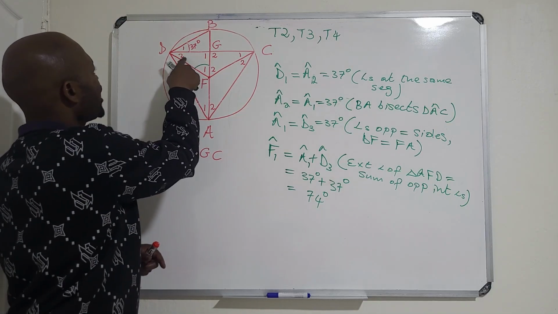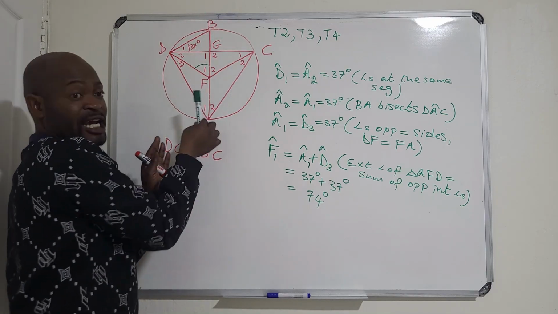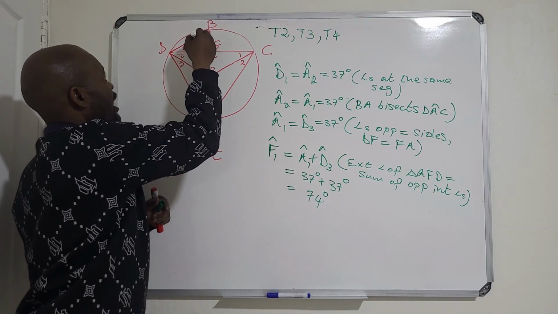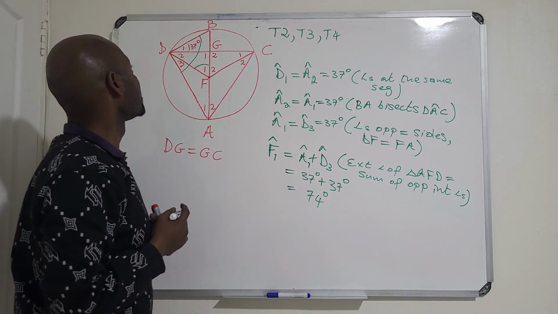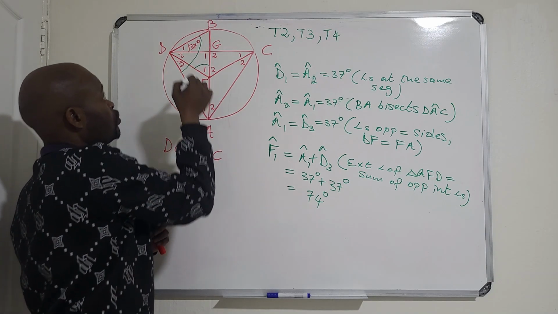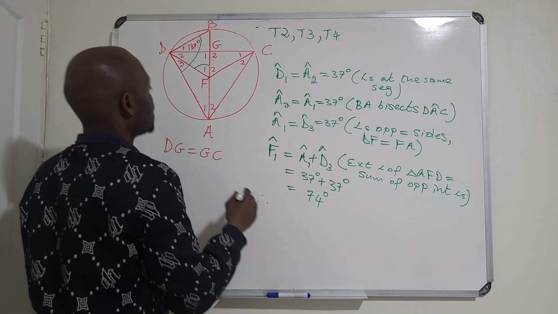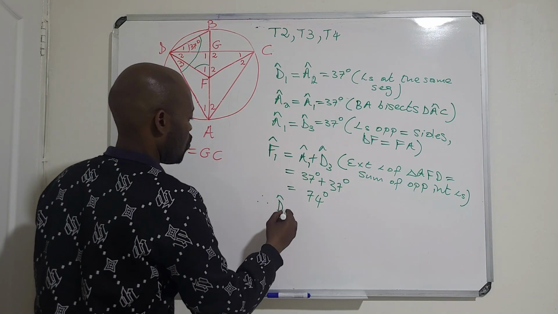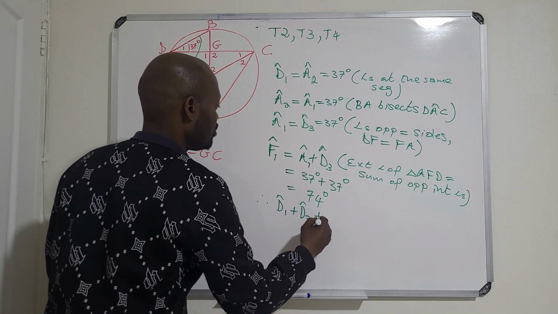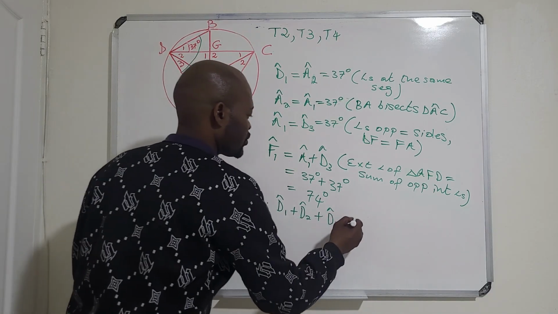Now, we can find this angle here, and we know that this is a diameter, and if this is a diameter, it subtends an angle there at the circumference. Therefore, this angle is subtended by a diameter which is equals to 90 degrees. Therefore, we can find angle D1 plus angle D2 plus angle D3 is equals to 90 degrees.